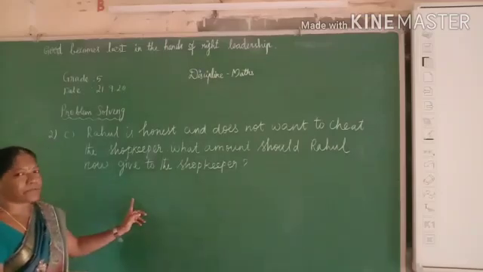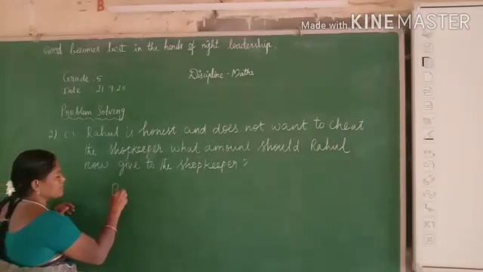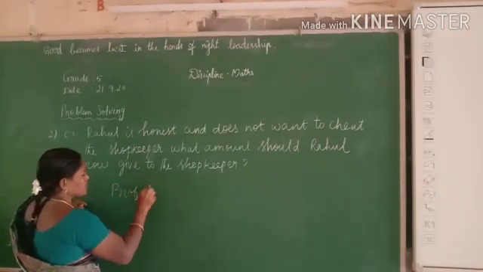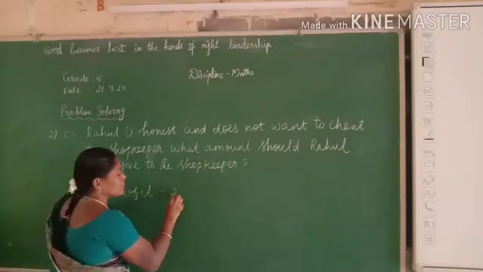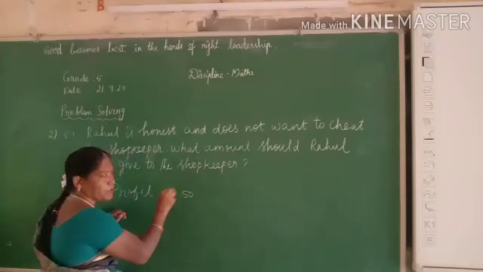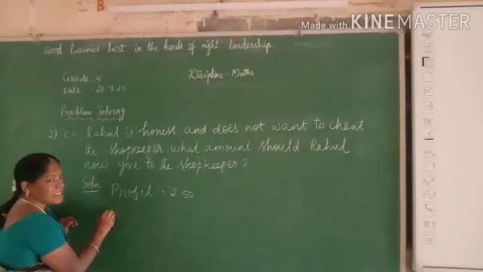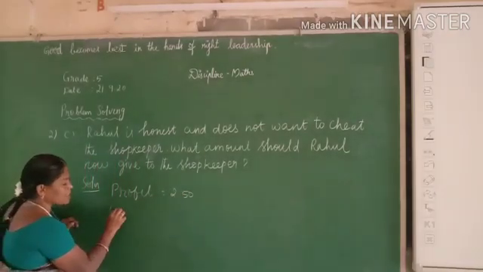So now the profit, come to the solution. The profit of the book is rupees 2.50. Then the loss incurred by the shopkeeper, how much?